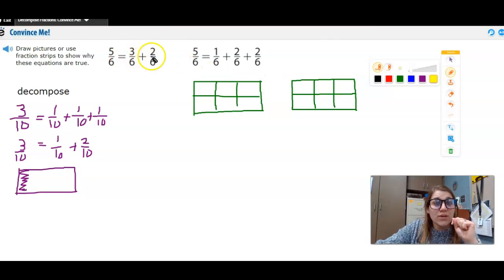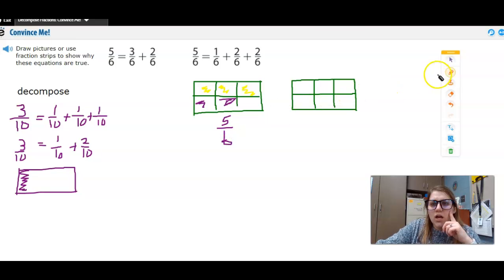All right, so let's figure this out. So the first one says 3/6 plus 2/6 equals 5/6. So I'm going to shade in 3/6. And let's do 2/6. So if I count those up, I have 1, 2, 3, 4, 5. That equals 5/6. All right, let's try the other one. I have 1/6.